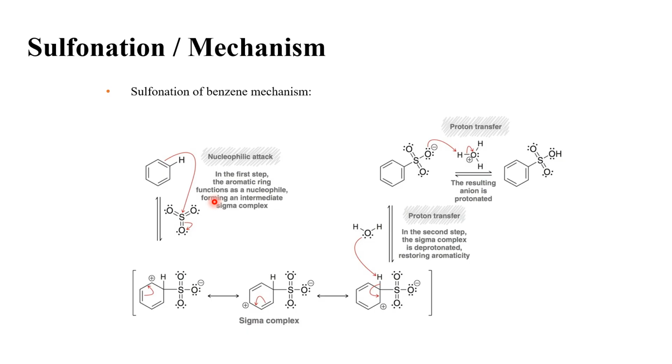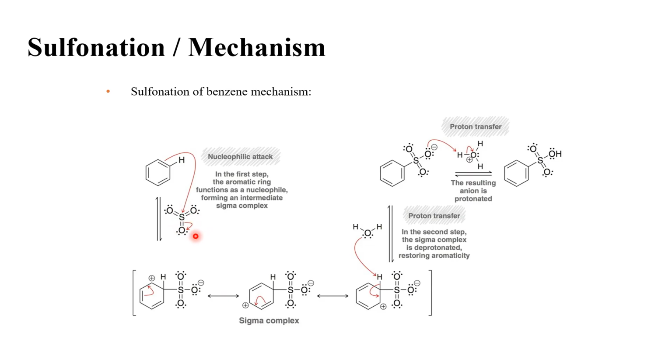And you guys can guess it, right? The mechanism is almost exactly the same. This time your electrophile is different, but your benzene's the same. Your benzene is going to act as a nucleophile and attack the partial positive sulfur. We just talked about why the sulfur is positive. It's electrophilic.